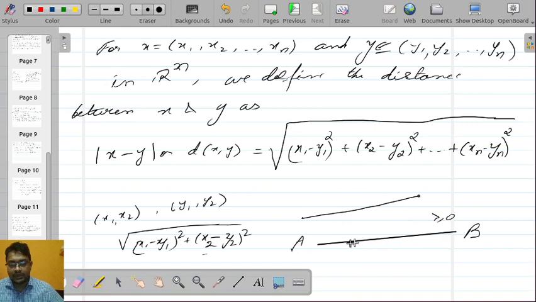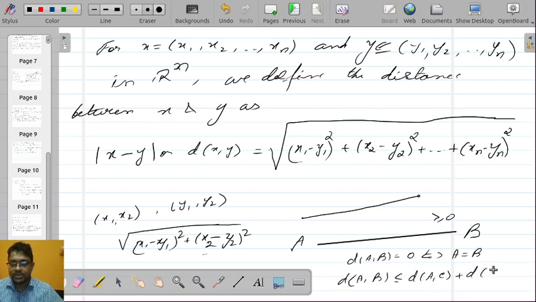The distance between A and B is the same as the distance between B and A. If the distance between A and B is 0, then A and B have to be the same point. And another most important property is the triangle inequality: the distance between A and B is less than or equal to the distance between A and C plus the distance between C and B. These are the basic 4 properties with which a function is said to be a distance function.